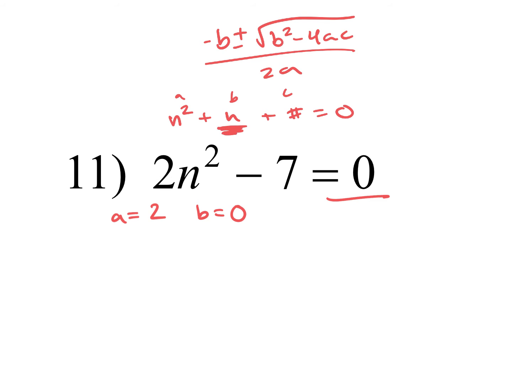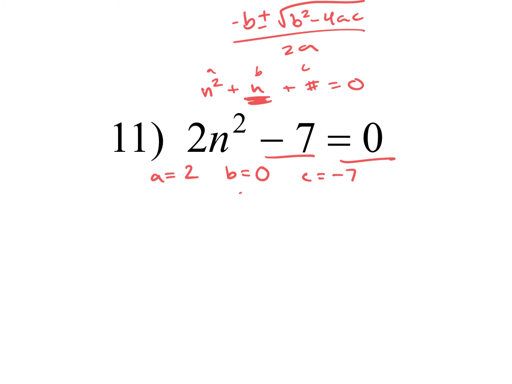I don't have that n term, so b is 0. And then what's c? -7. That -7 is the c because it doesn't have a variable with it. So c is your constant, no variable. B will always have just the n or just the x, whatever the variable is.